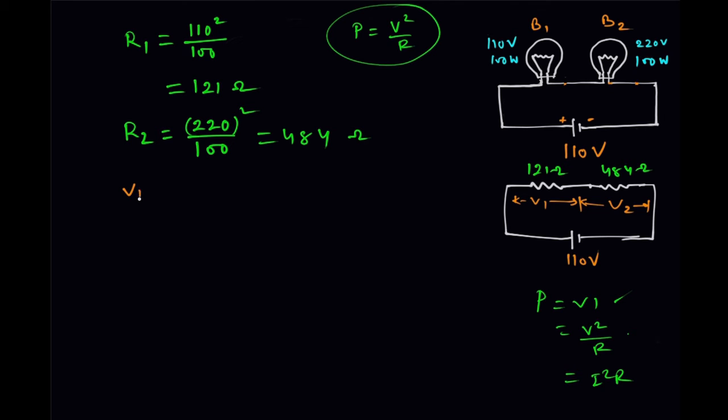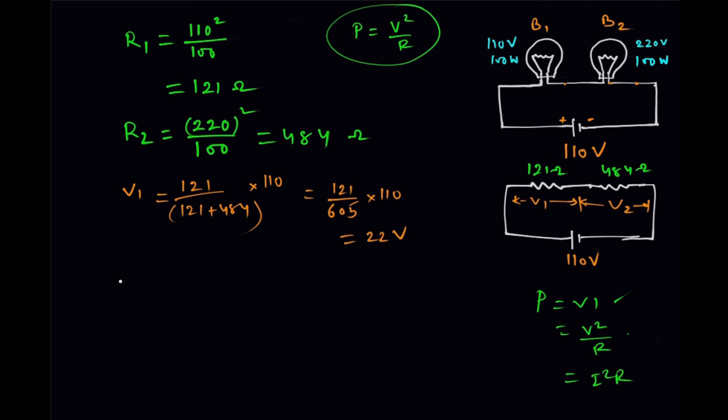So V1 is equal to 121 divided by 121 plus 484, multiplied with 110 volt. That is equal to how much? 121 divided by 605, multiplied with 110. That is equal to 22 volts.